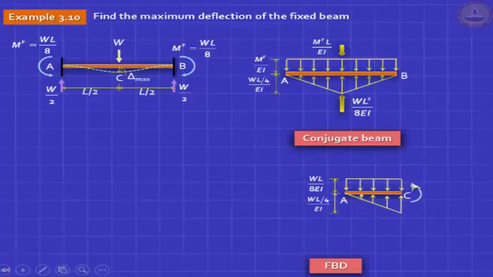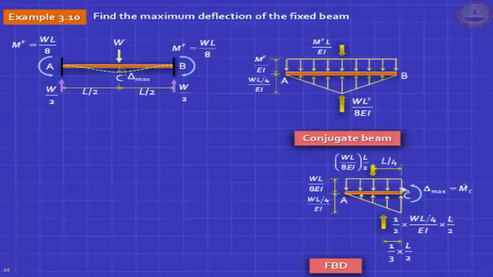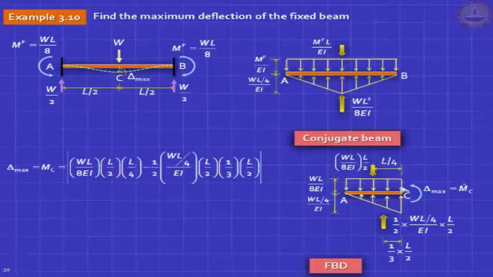This value is my maximum deflection. And if I work it out, you'll find that this load from below into 1/3 this distance minus this load into half that distance. If I do a little calculation, I get the answer straight away. WL cubed by 192EI.